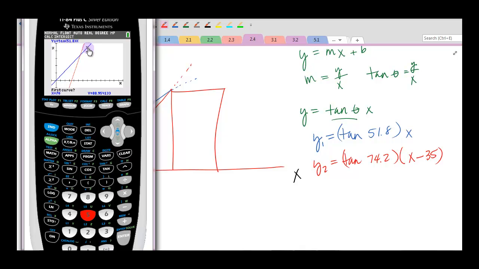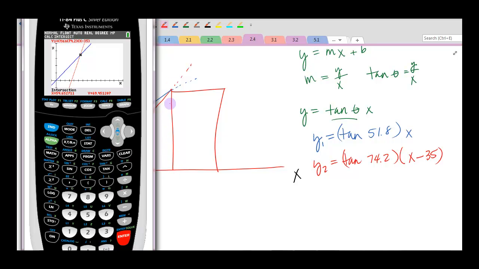So you can see the cursor flashing on the first curve. The second curve is over here, and I don't have a guess. I want it to tell me. And there it is. The intersection is occurring here at 69.45 feet, because we know that the y value is the height of my building.